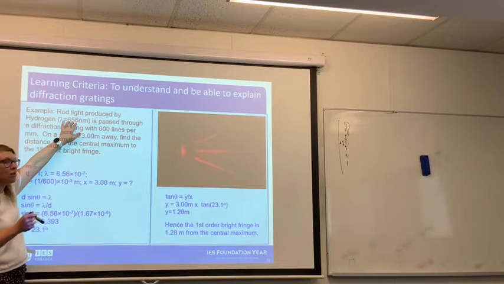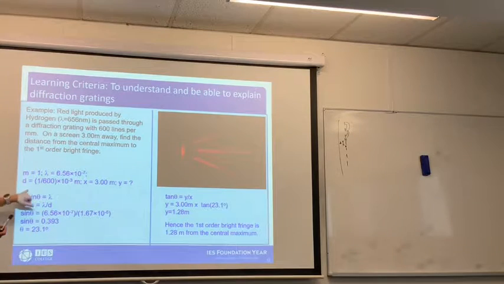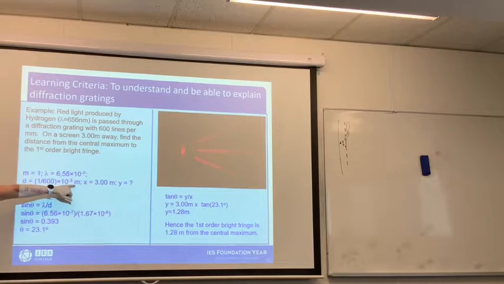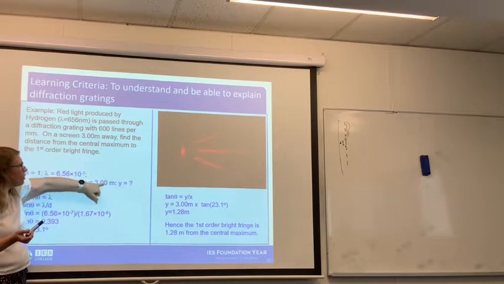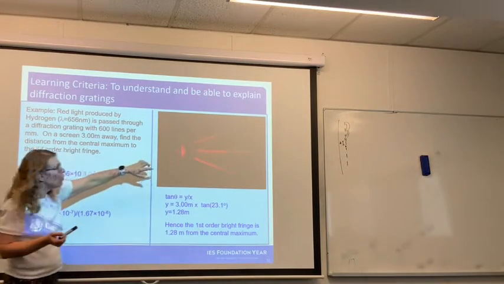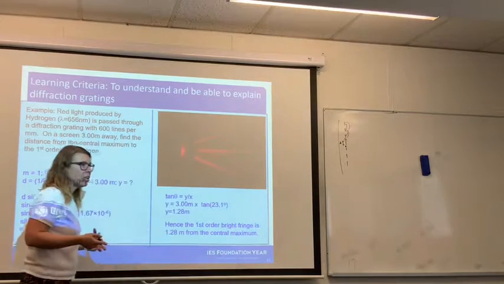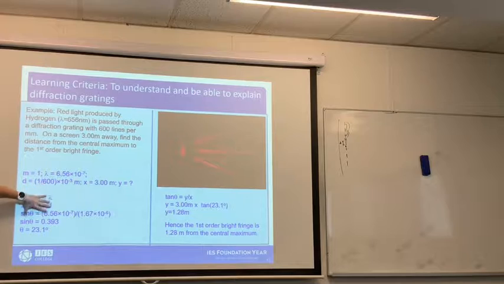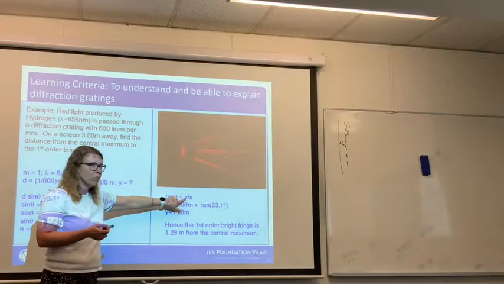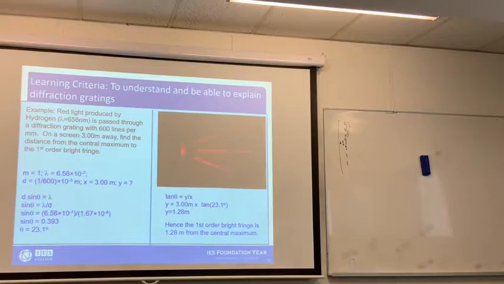The distance D is 1 divided by the diffraction grating value, converting the millimeters into meters. The screen is 3 meters away. I'm trying to find the distance from here to here, so I'm going to have to use the tan ratio. I take my values, plug in, find my angle, and from there find my y value using trigonometry. Are you guys ready for one last bit of you doing some questions?